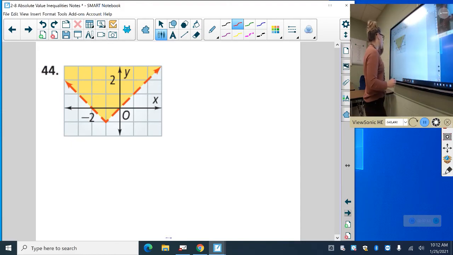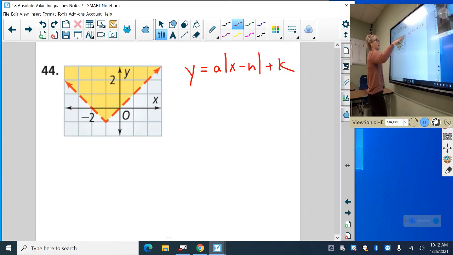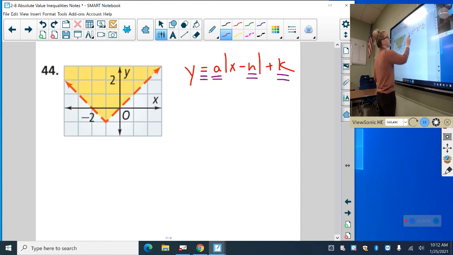Okay, so for this one, each line is worth 1, so I'm going to pick my hk. Remember, y equals a times absolute value of x minus h plus k is how I'm going to start, and then I have to replace my a, h, k, and then my symbol. Those are the things you have to replace. Start with your hk. Well, it's -1, -1.